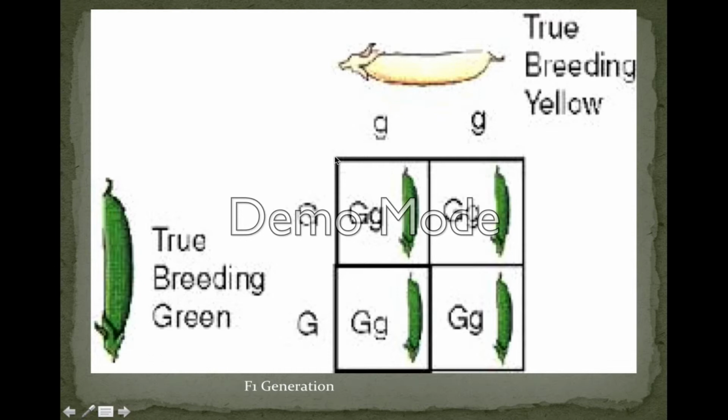It's one large square that is divided into 4 different squares. And what Reginald Punnett did was separate each allele. So you have one G going into this mini square, and this other G going to this other mini square. And this capital G going into this side right here, and this G going into this side right here.